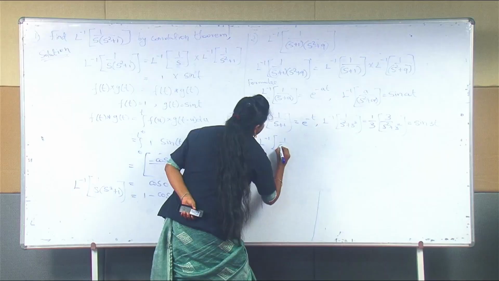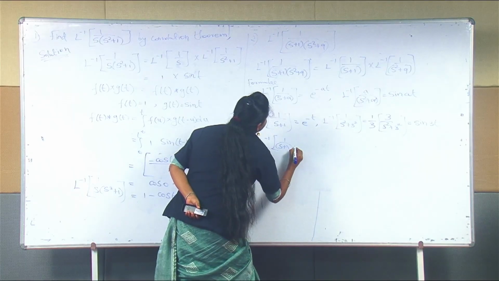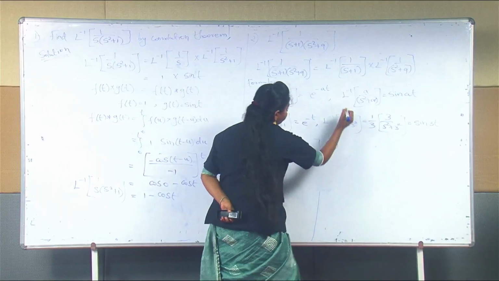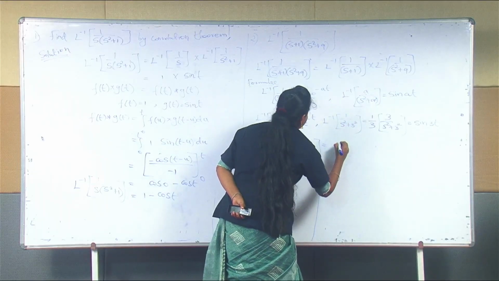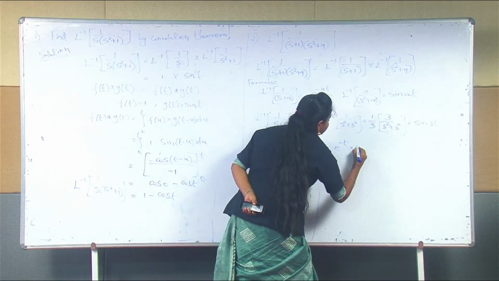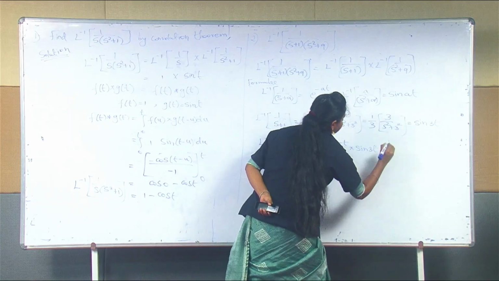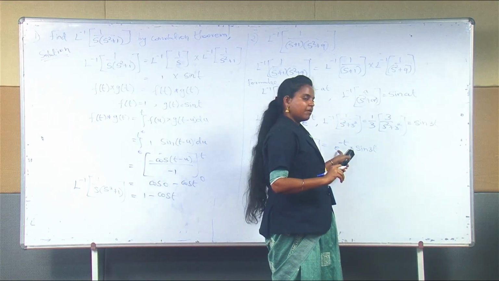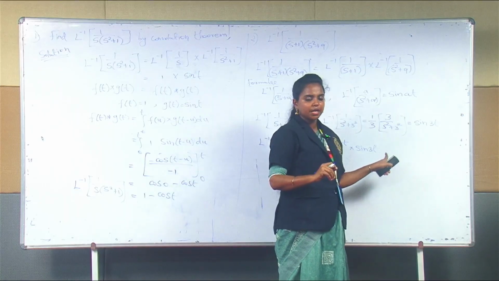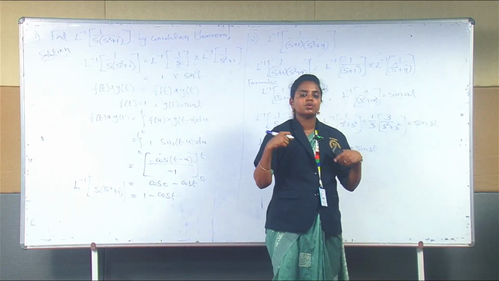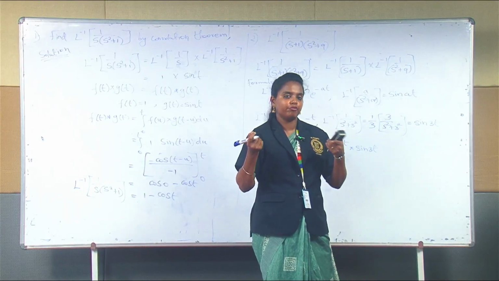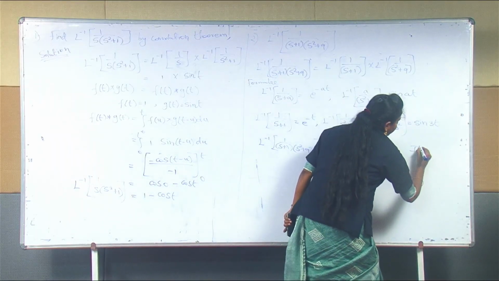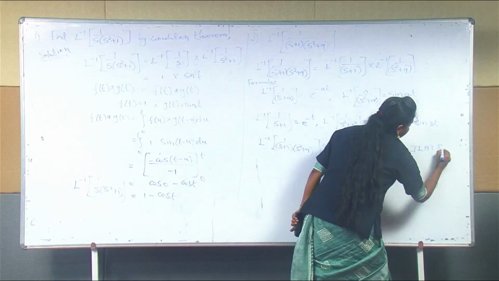L inverse of 1 by s plus 1 into s square plus 9 is equal to e power minus t into sine 3t. Here we are having some doubt: we have an exponential function and also a trigonometric function. Which function do you choose as f of t? So we know the ILATE rule, right?